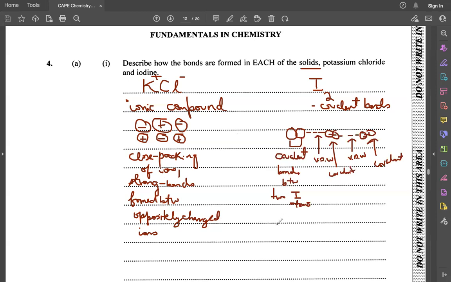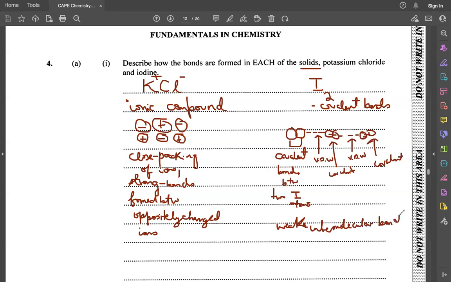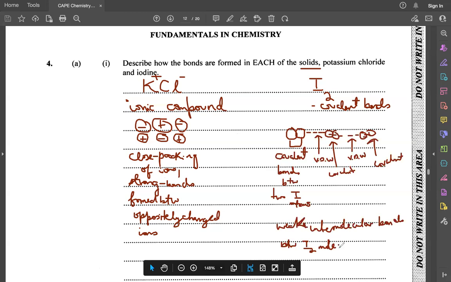Let's summarize that in words here. We have weak intermolecular bonds between I2 molecules, so that's one I2 with another I2.